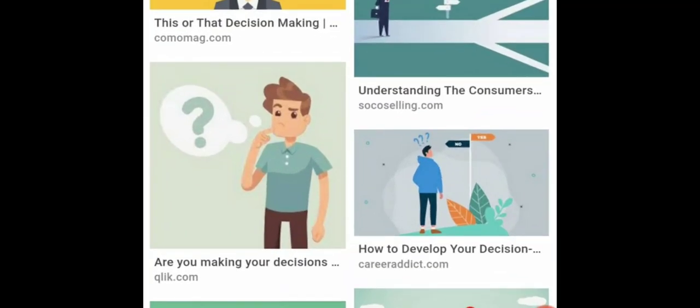Is our logic going in the right direction, or is it going in the wrong direction? If our logic is going in the right direction, then we can get to the correct conclusion. If our logic is going in the wrong direction, then our decision will be wrong or we can reach the wrong conclusion. So that's why decision making is a very important thing.